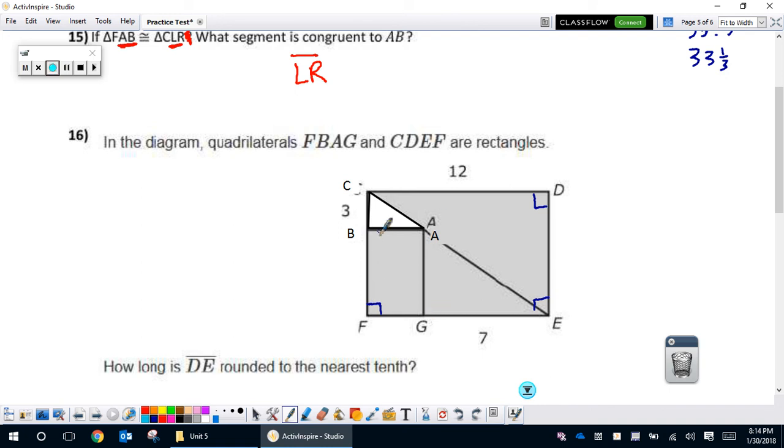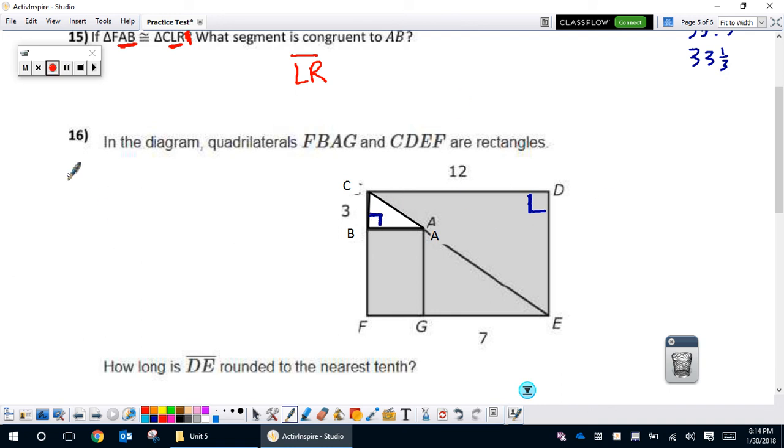FBAG, 90, 90, 90, which means this angle is also 90. Okay, so they want the length of DE. So this is actually going to be a similar triangles question. I want you to make a note that this is your right angle that we're going to pay attention to, and so is this. Okay?